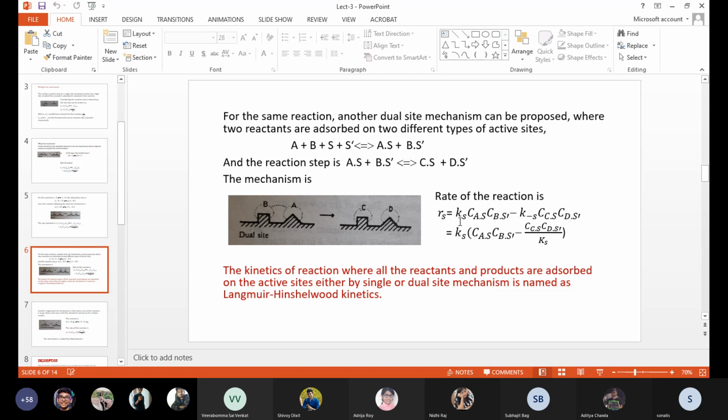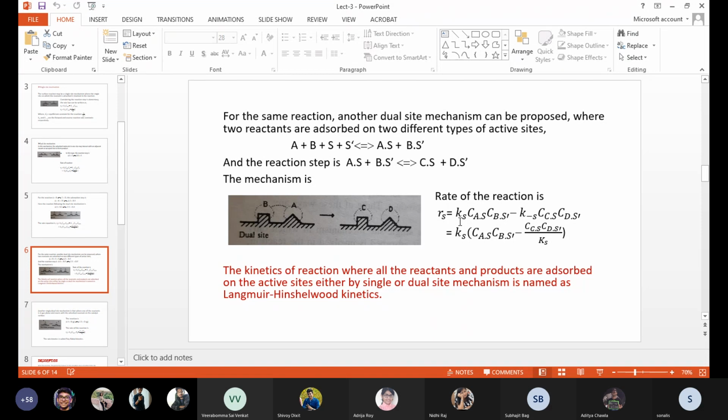So the kinetics of the reaction, where all the reactants and products are adsorbed on the active sites, either by single or dual site mechanism, is named Langmuir-Hinshelwood kinetics. Look here, we have to do the kinetic analysis, that means rate analysis. Kinetic means rate and temperature together.